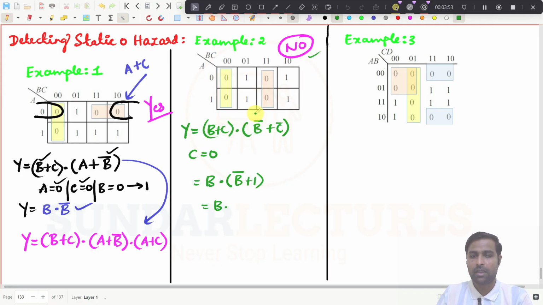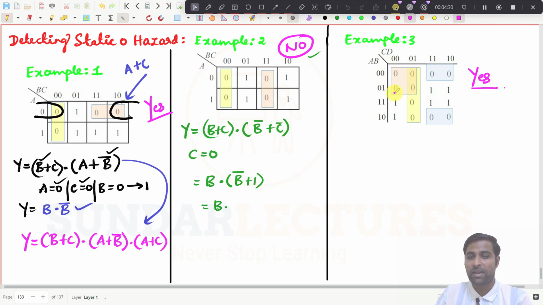So obviously this doesn't have any static zero hazard. You can conclude by seeing the Karnaugh map mappings simply, right? And does this circuit have the static zero hazard? Obviously yes. Why? See here, I have missed out so many pairs. This is a separate grouping, this is a separate grouping, this is a separate grouping. And I can combine these two groupings by putting a pair here, and these two also by putting a pair here.